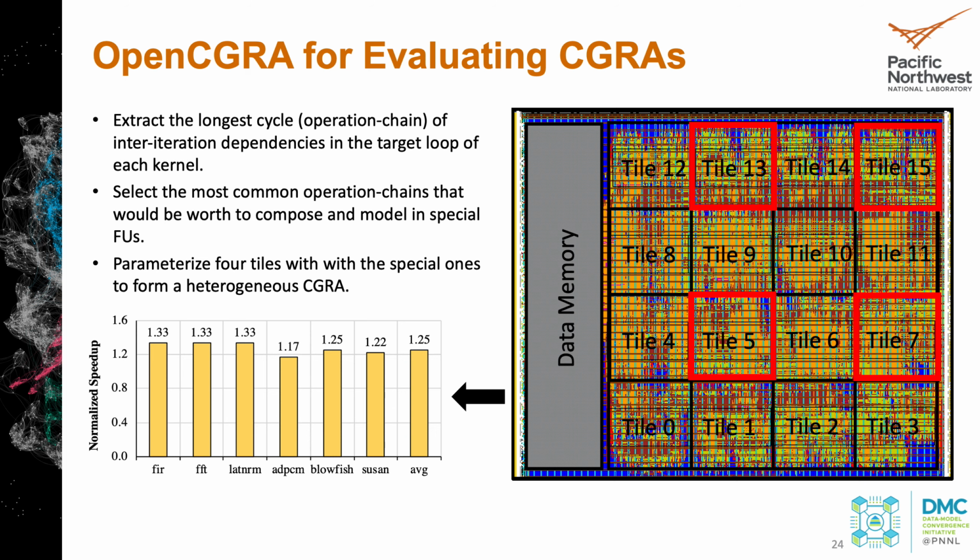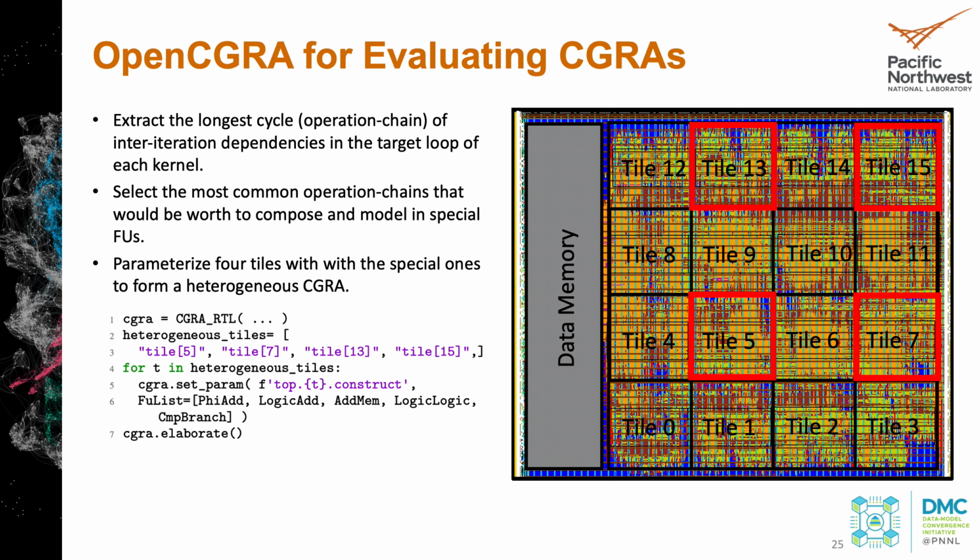However, parameterizing functionalities is not an easy work in existing frameworks. Normally, the frameworks are able to allow users to parameterize the number of ports, registers, tiles, but not the functionality. Fortunately, OpenCGRA's parameterization system can help you to do this kind of parameterization before the module elaboration.